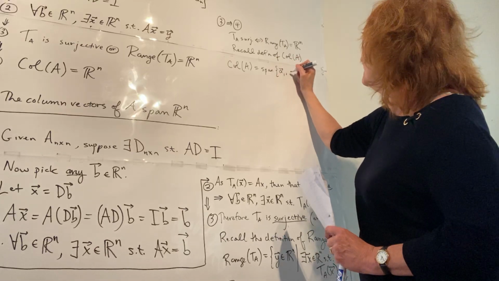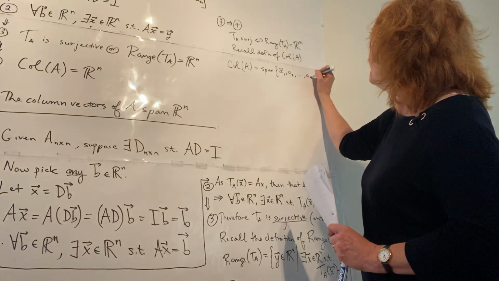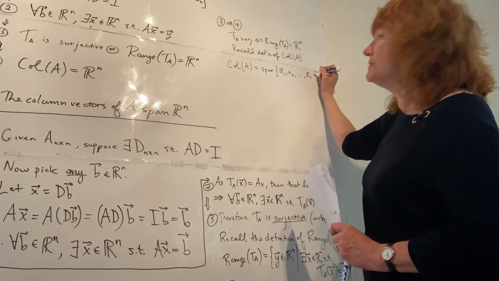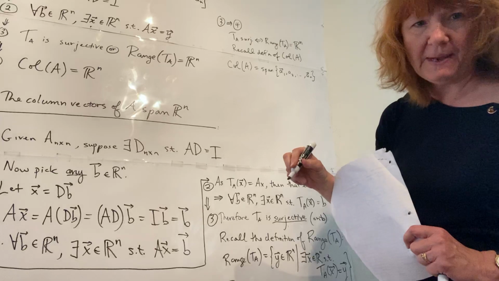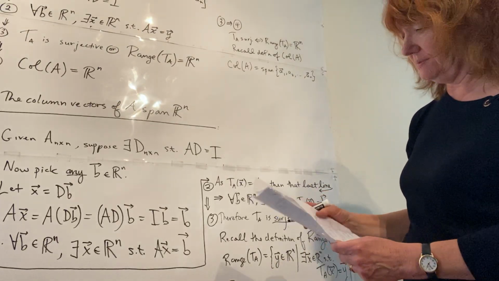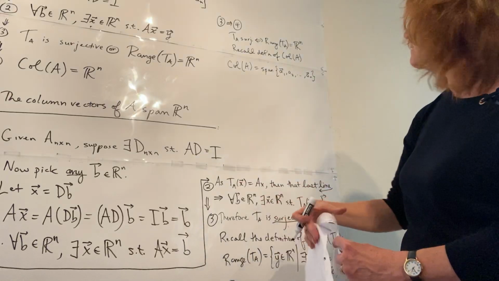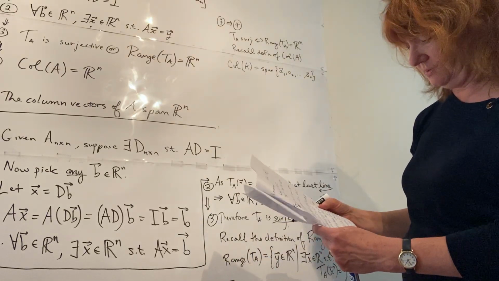A1, A2 through AN. So their span is what we call the column space. That's just the same thing as the set of all linear combinations of those, right?